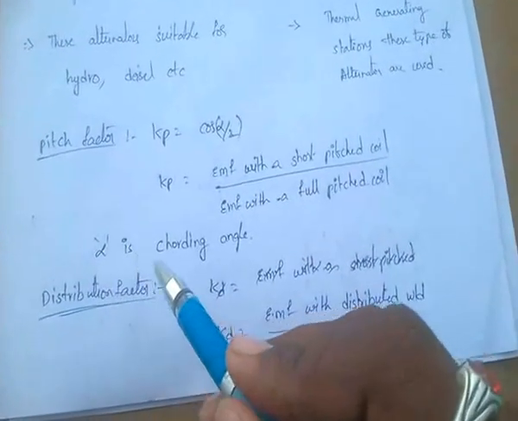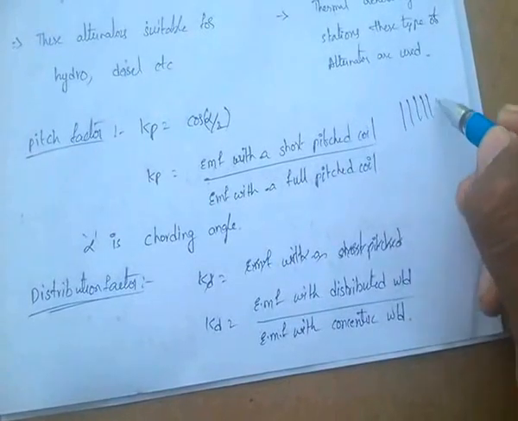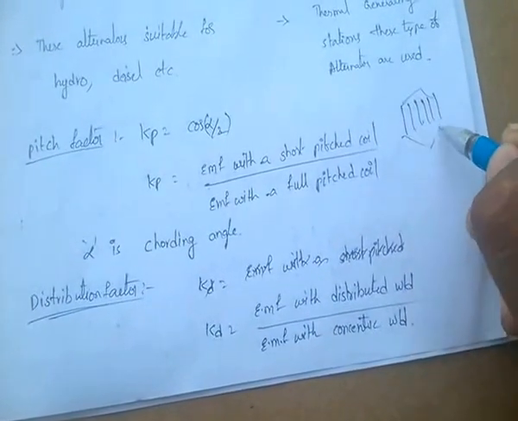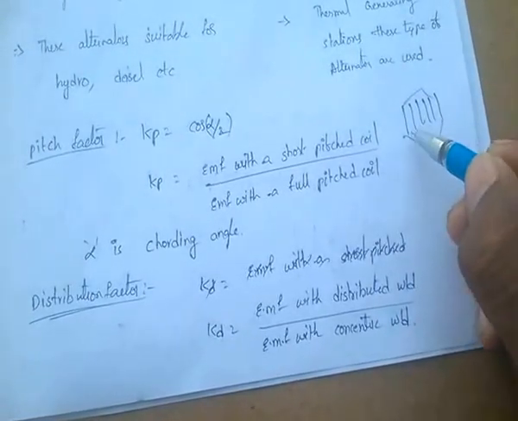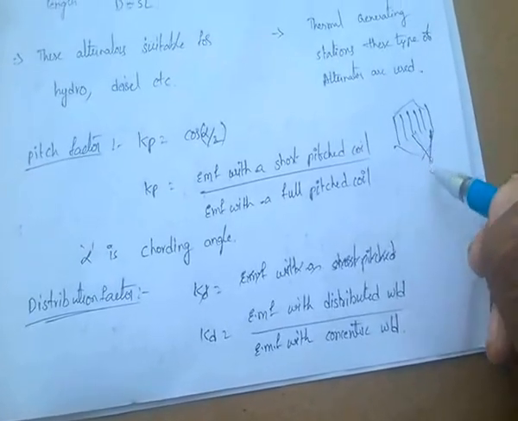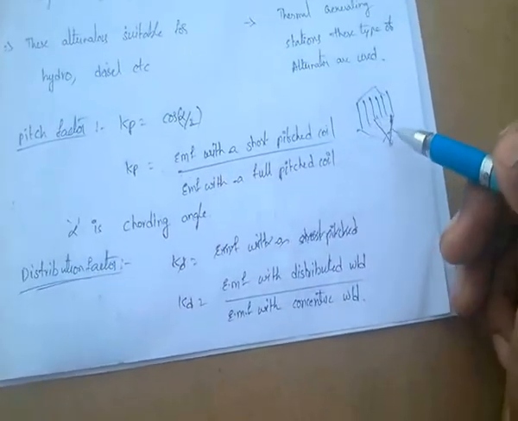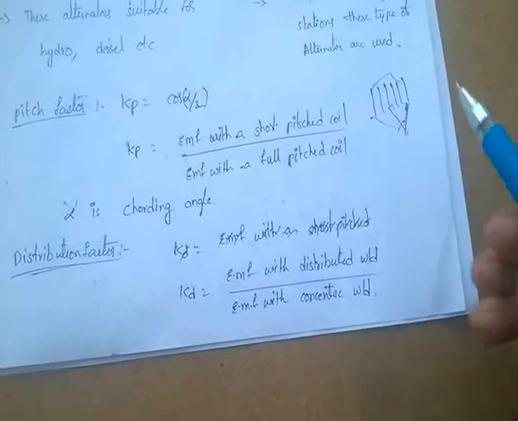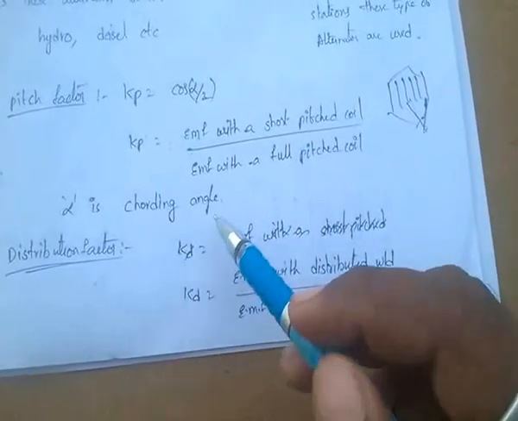Alpha is the coil chording angle. When all the coils are connected, it is called a full pitch coil. If some coils are skipped when connecting, it is called a short pitch coil. So Kp is EMF with a short pitched coil by EMF with a full pitched coil, and alpha is called the chording angle.